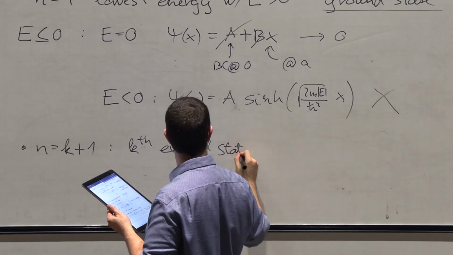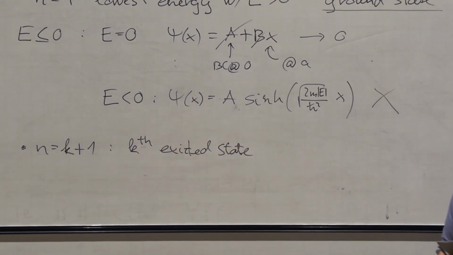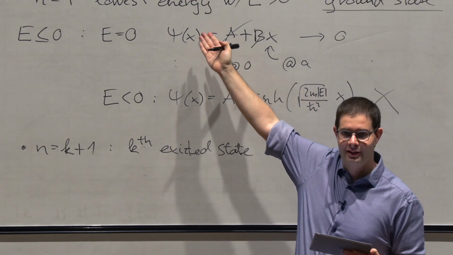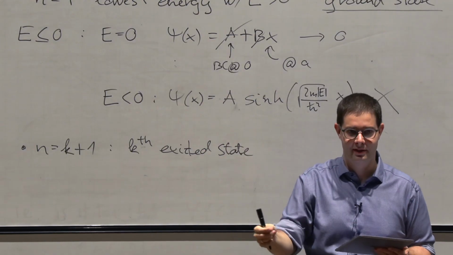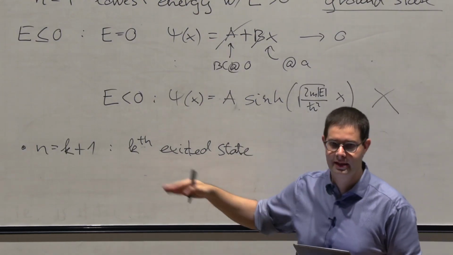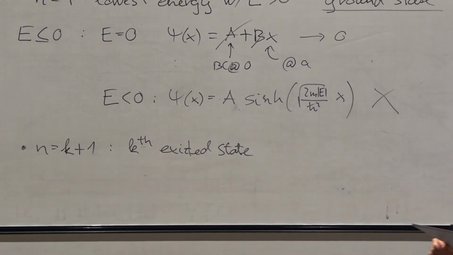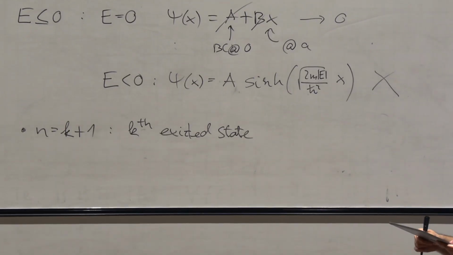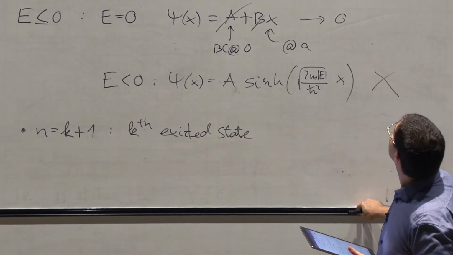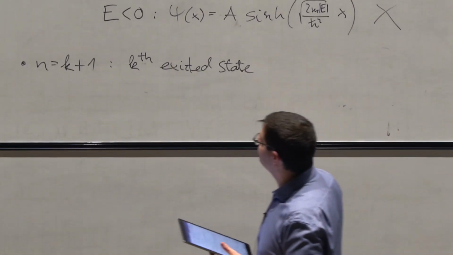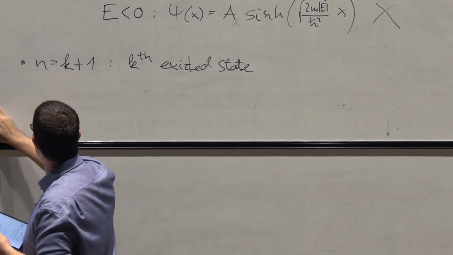And again, this is just some physics language, but the content of it is that if we, let's say, shine light on the ground state, it absorbs a photon of appropriate frequency, then it can jump, get excited to a higher energy level. Okay. To be more explicit, let's just write down what the psi's are.